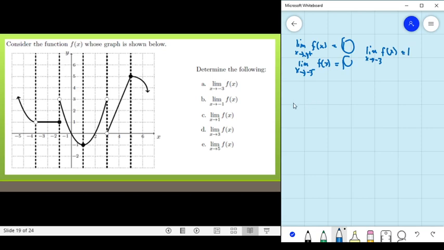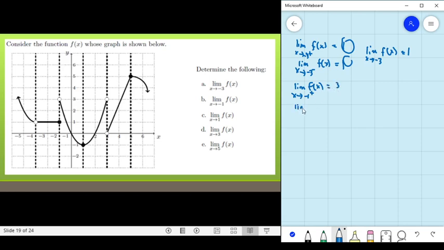Second one, the limit of f of x as x approaches negative 1. From the left of negative 1, it arrives at 1. And from the right, it arrives at 3. Right? So, the limit of f of x as x approaches negative 1 from the right is equal to 3.